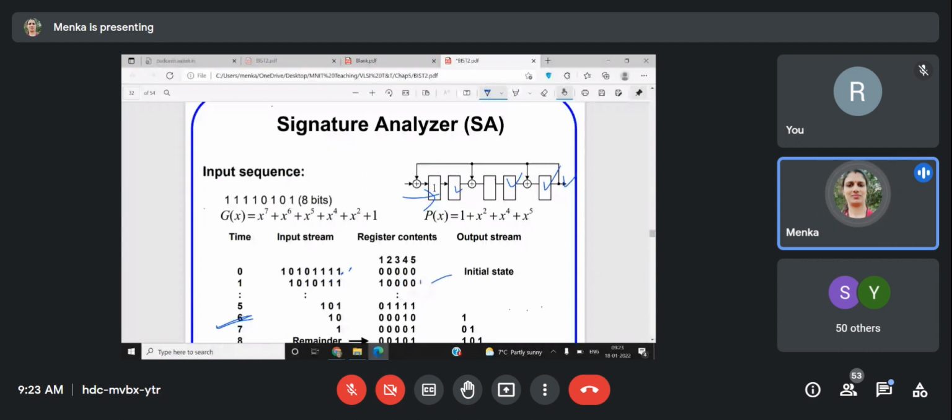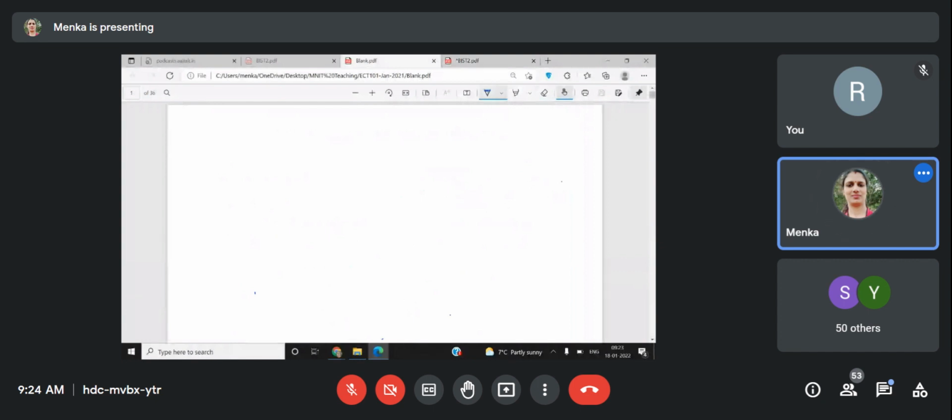So in order to calculate all this I am just using a rough paper so that I can make you all understand. So gx is somewhat like this. This is your gx. Gx was 1 1 1 1 0 1 0 1.